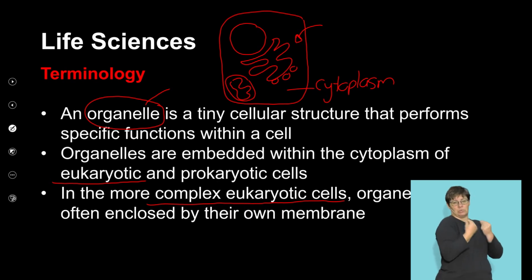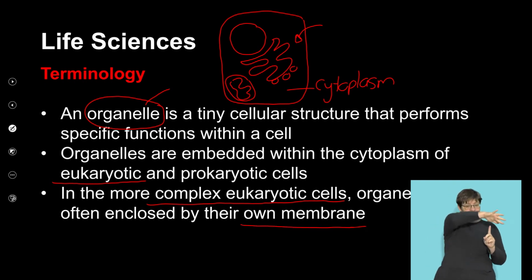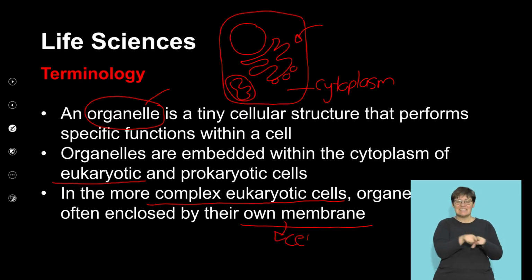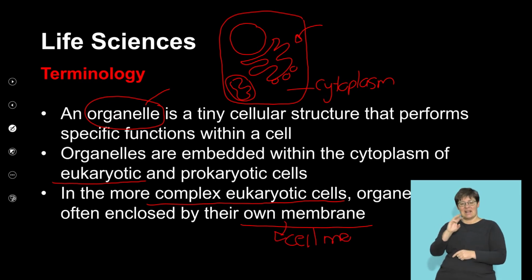So inside the cell, I've got these structures, and these structures are all very important, okay? They are surrounded by their own membrane. Now, what is the membrane? It's the same as the cell membrane. So each of these are what we call membrane-bound structures.